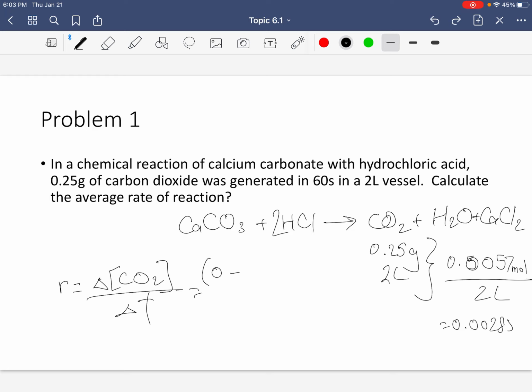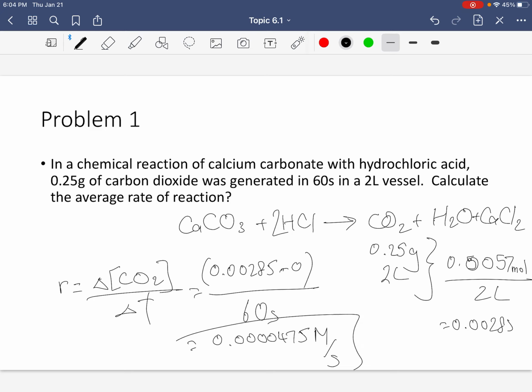I'm sorry. Final minus initial. This is the final minus 0. That was the initial. Over 60 seconds. So the rate is 0.000475 molarity per second.